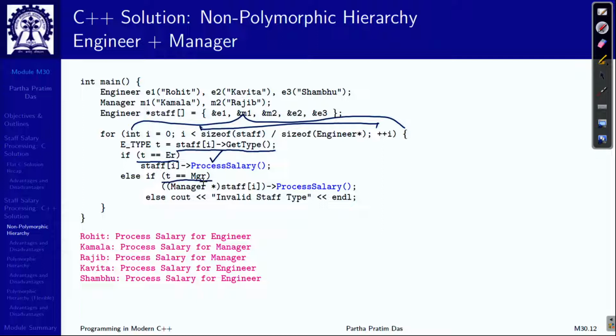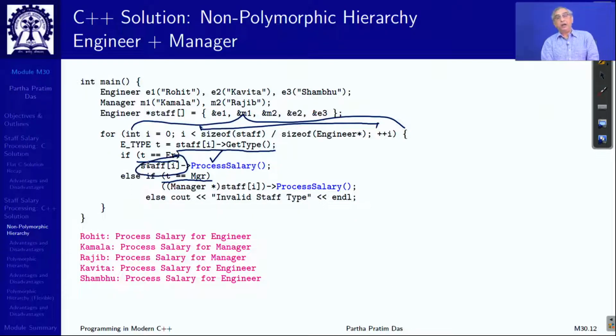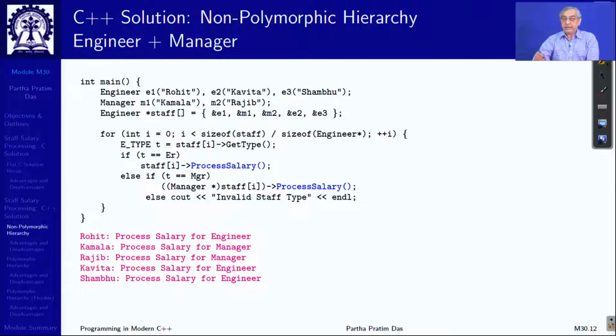Now, if it is a manager, then what do I need to do? I need to invoke the process salary for the manager class, but this pointer is of engineer type. Right? So, I need to change this pointer to manager type.